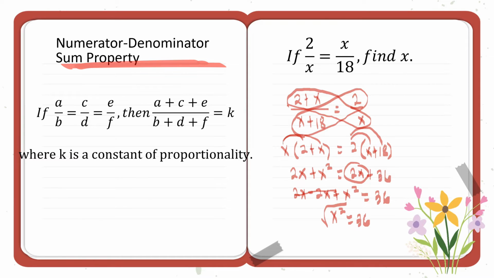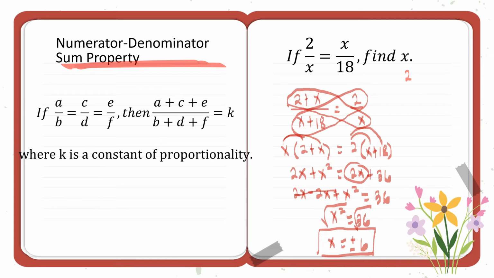And by extracting the roots, the square root of x squared is x. Square root of 36 are positive and negative 6. So to check whether our answer is correct, we just substitute the values to the given.